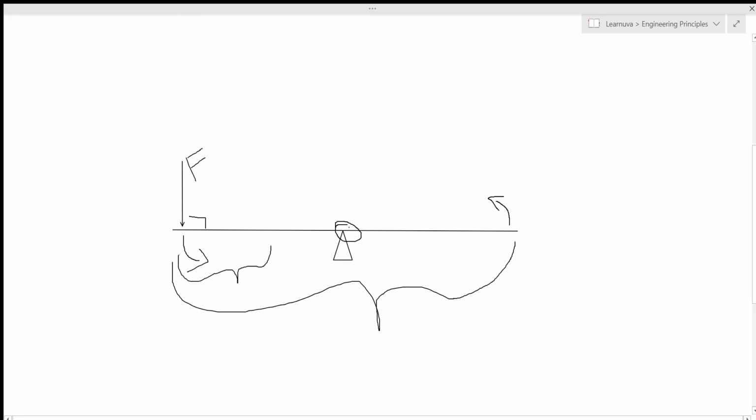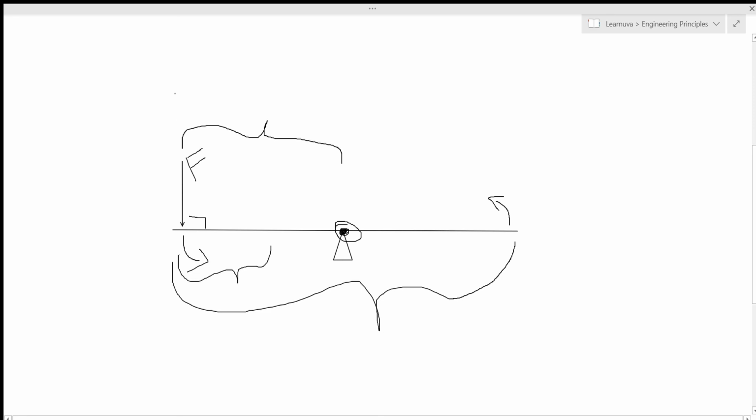It's the point around which the whole system is rotating, which in this instance is right here in the center. So when we're measuring R, it's the distance from the force to this axis of rotation. And that's how we find our torque.